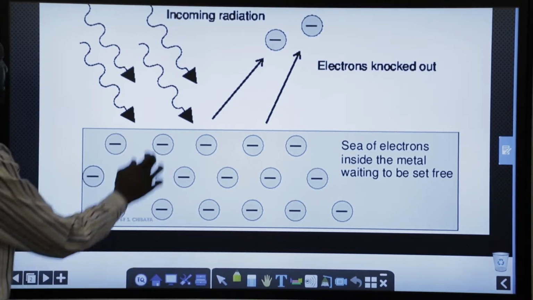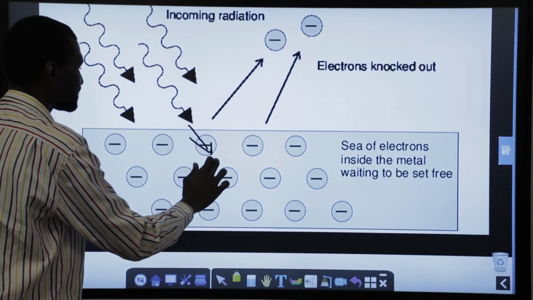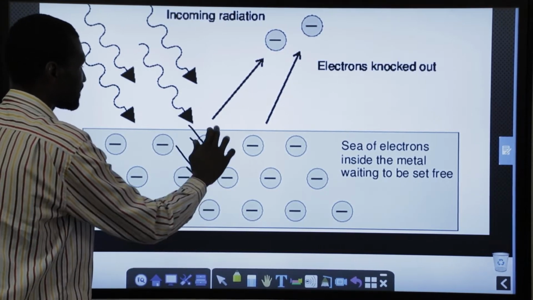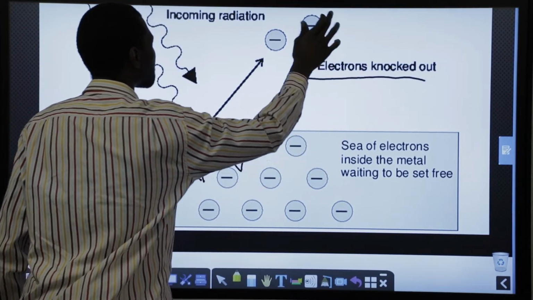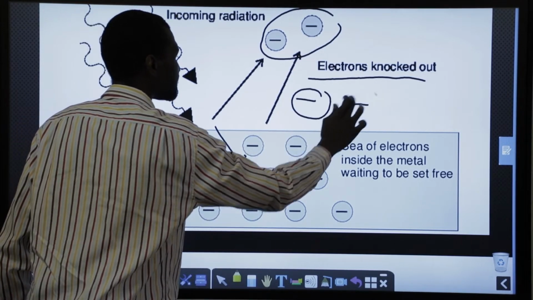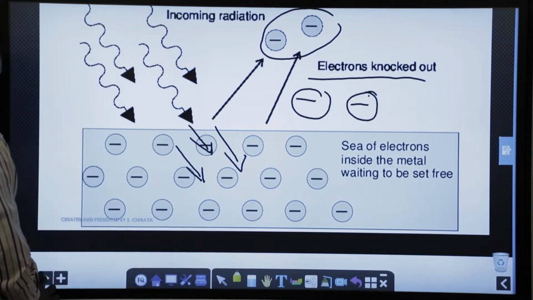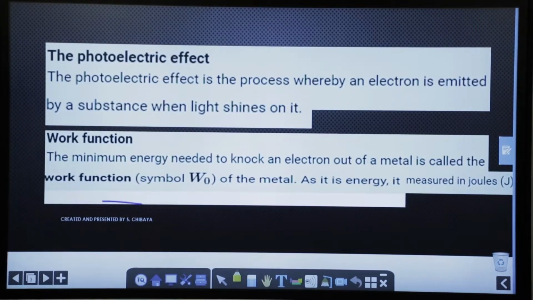What happens when that radiation comes in contact with the metal? Some of the electrons are released or knocked out. That in itself is the photoelectric effect.